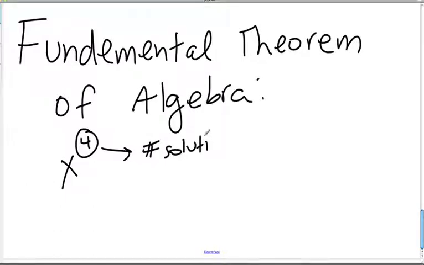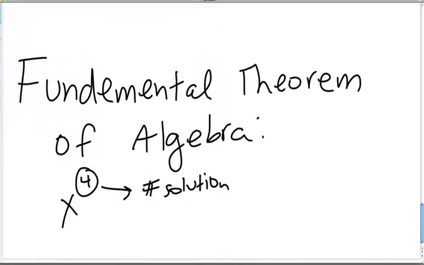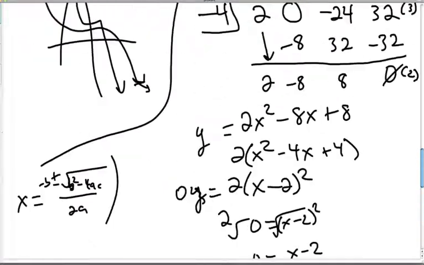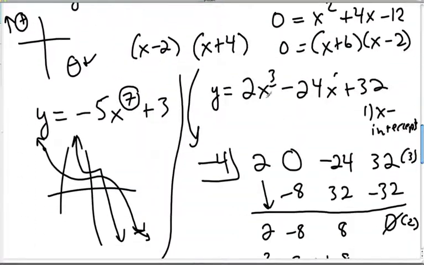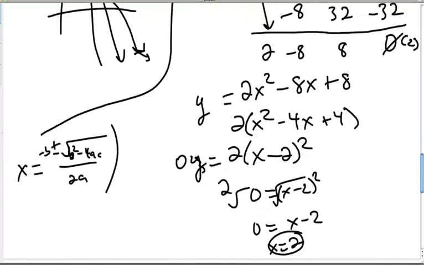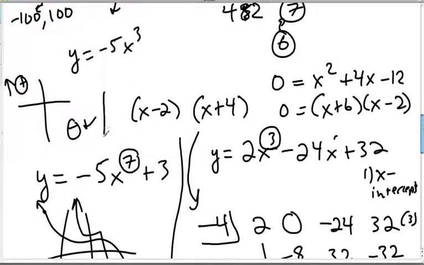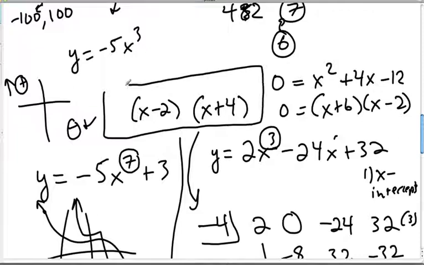It might not be the number of all real solutions, but it'll be the number of solutions. So here we have x cubed as our leading term. Therefore, we must have 3 solutions. So far, we only have 2. So we're missing one more solution, which means we're going to have to do something else.